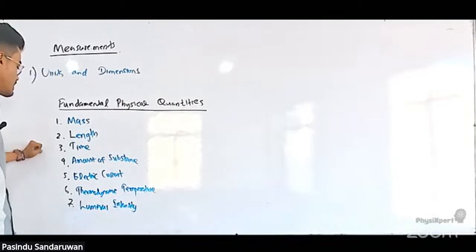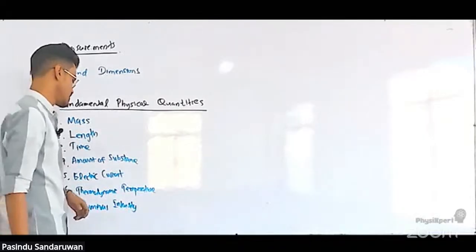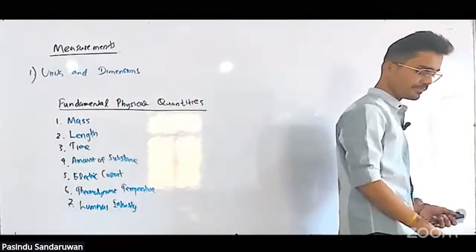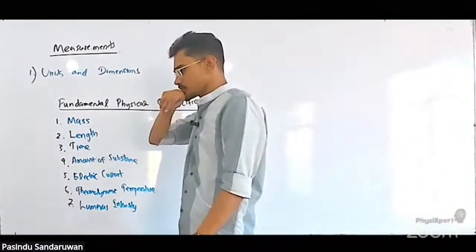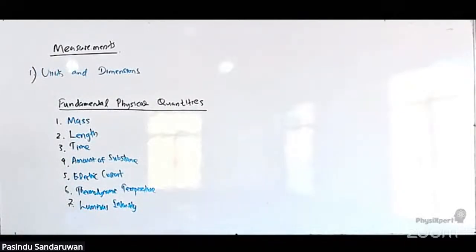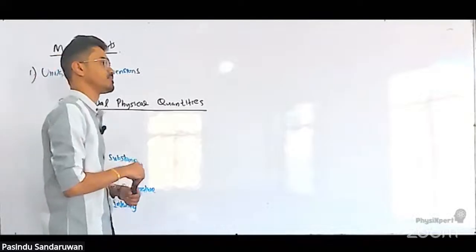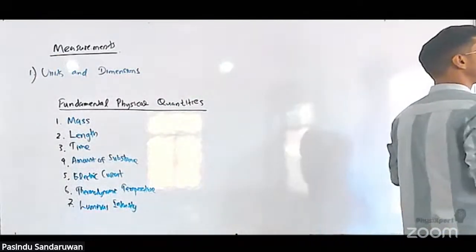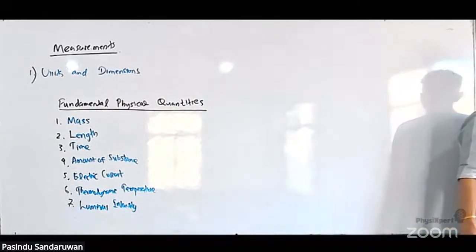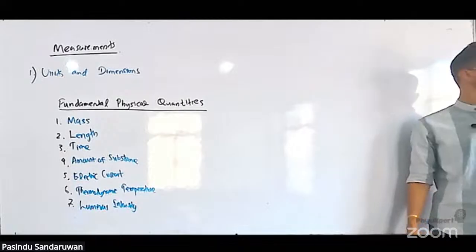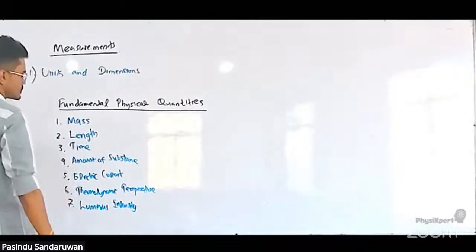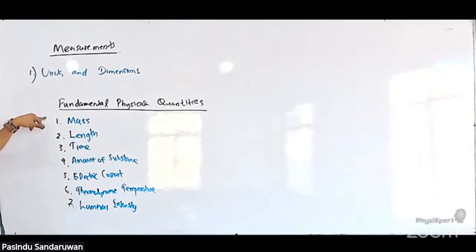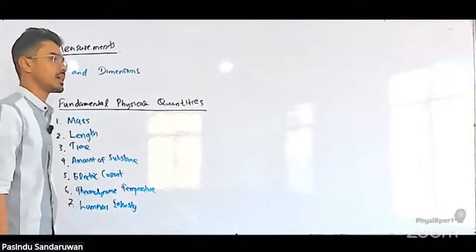Mass, length, time, amount of substance, electric current, thermodynamic temperature, and luminous intensity. Take again: mass, length, time, amount of substance, electric current, thermodynamic temperature, and luminous intensity.